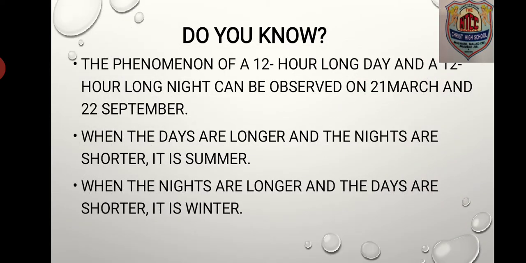Do you know, students, the phenomenon of a 12-hour long day and a 12-hour long night can be observed on 21st March and 22 September. When the days are longer and the nights are shorter, it is summer. So in the summer season, children, we can see the days are longer and the nights are shorter.